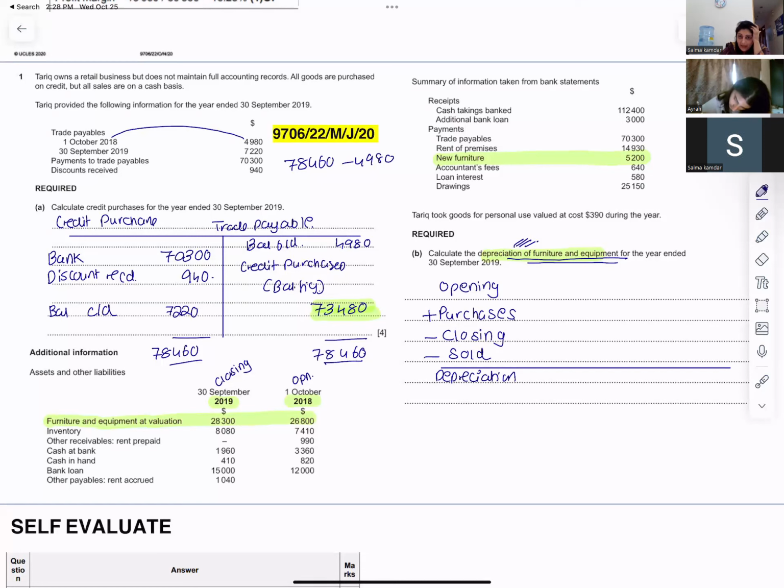So when you have to calculate depreciation and they give you an opening and closing valuation, you do opening plus purchases minus closing minus sold. Do you do that?